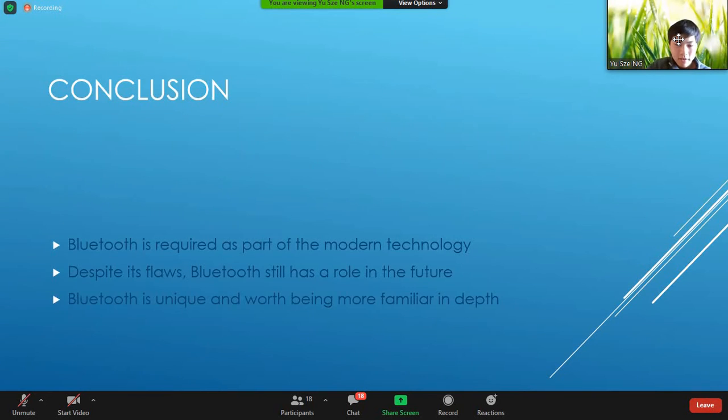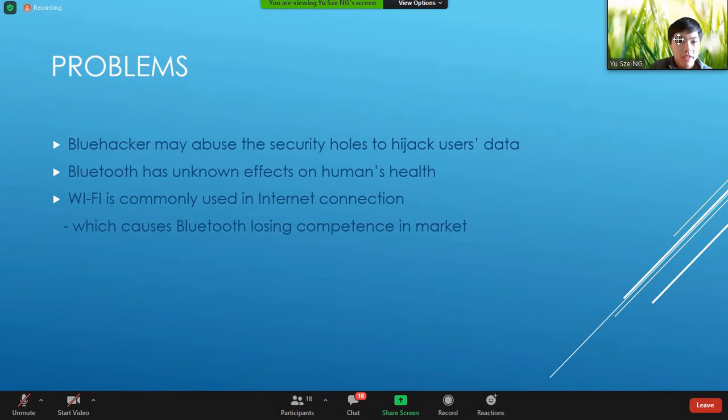But let's just say that these problems have their own solutions. If you are talking about bluejacking, how do we solve it? You don't have to really link up to others to use the internet, despite it having a slow connection speed.